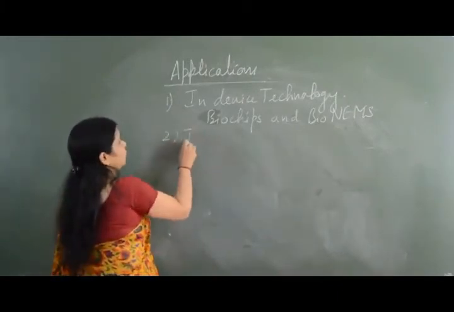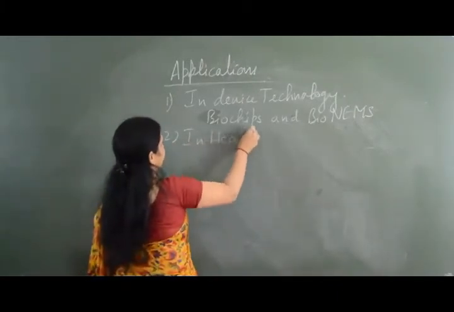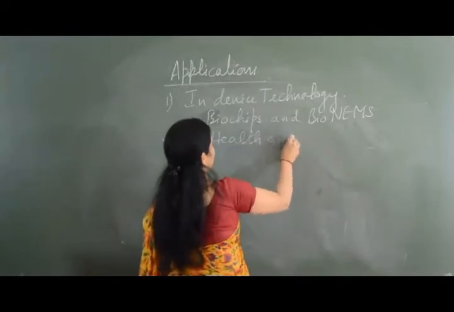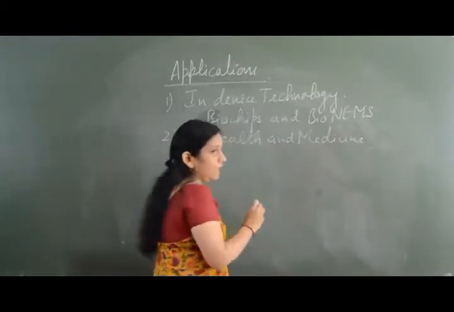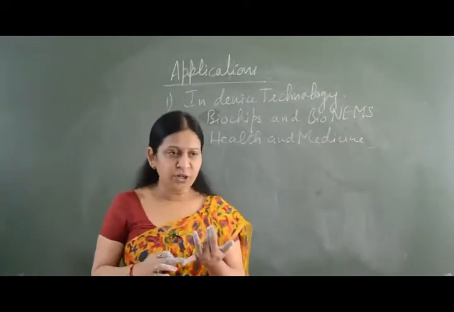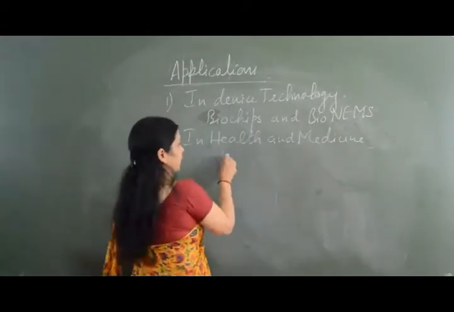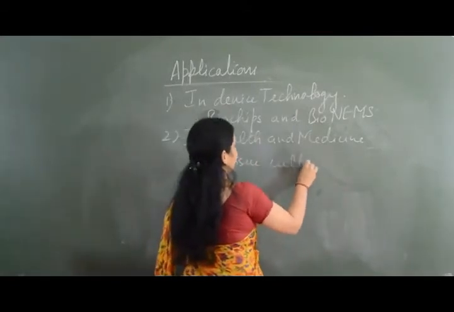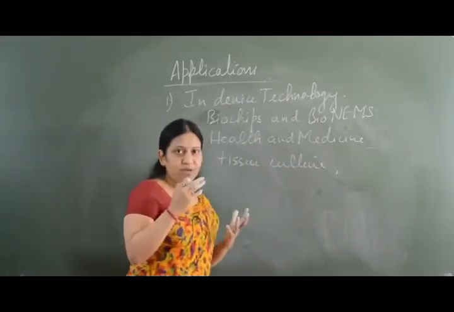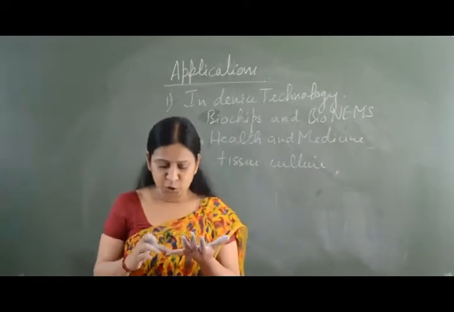Second, it is used in health and medicines. Health and medicines means it is used in tissue cultures, which is again a technology. So we have the use of nanomaterials in tissue cultures.